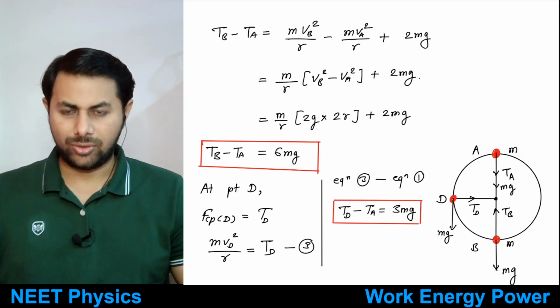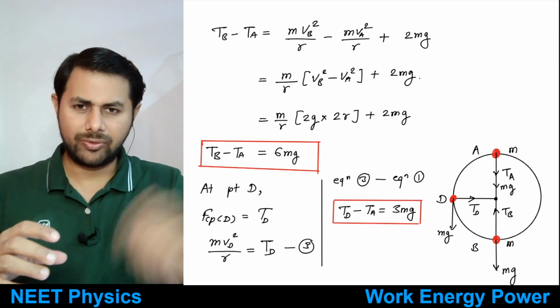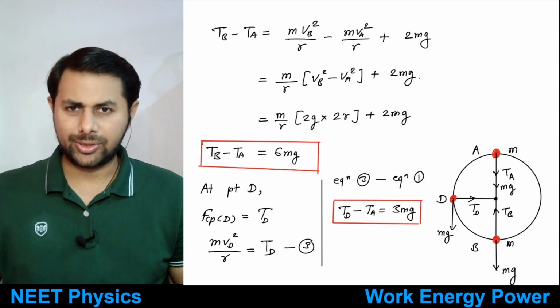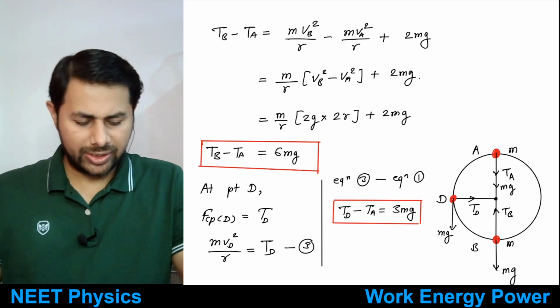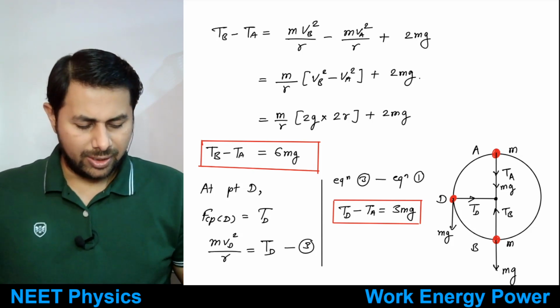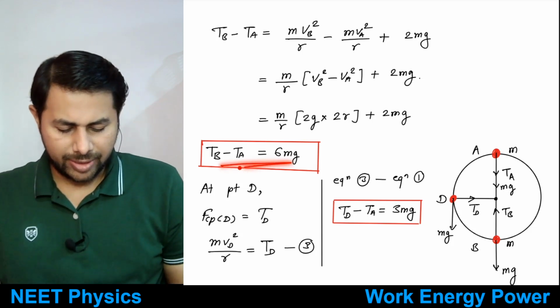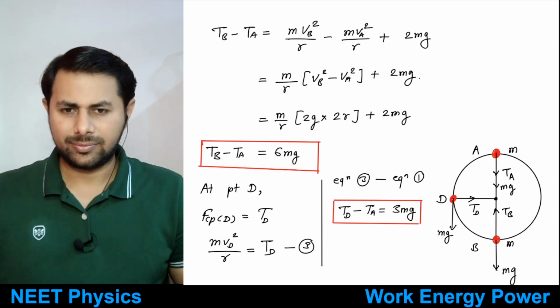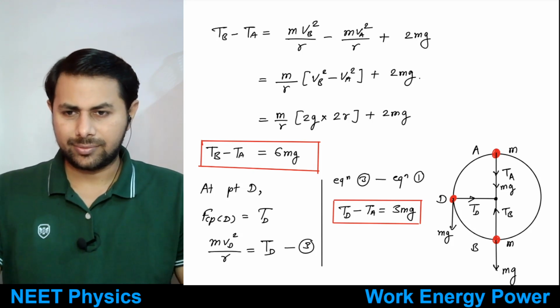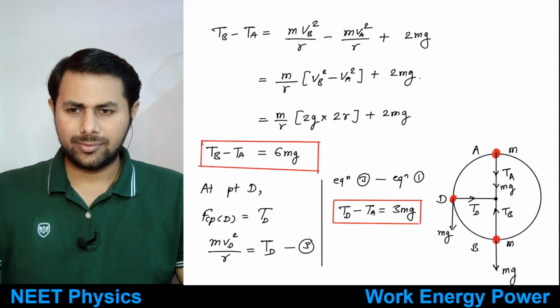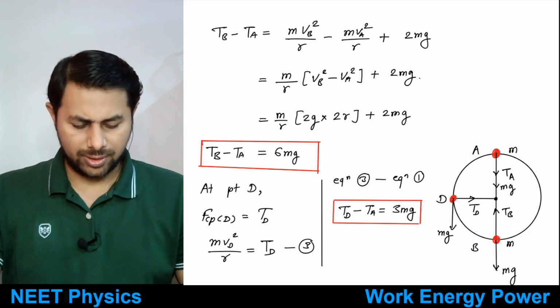So you move the object with whatever speed in vertical circular motion. That means if you take a stone, tie it to a string, and move it with any velocity in vertical circular motion, this formula is applicable. Okay, good.